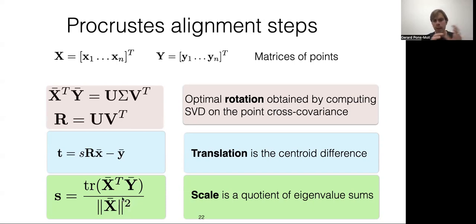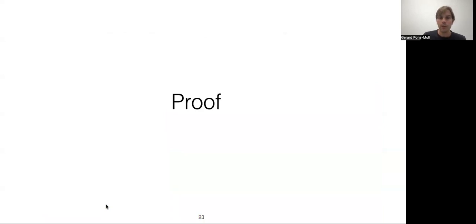So this is sort of comparing some sort of sum of eigenvalues for the covariance and this X transpose X. Okay, so this is giving us a measure of how different these two shapes are in size. We're not going to give a full-blown proof, but I'm going to show you how we derive the translation part and the rotation part. And I'm going to leave the scale part for you to check for yourself.